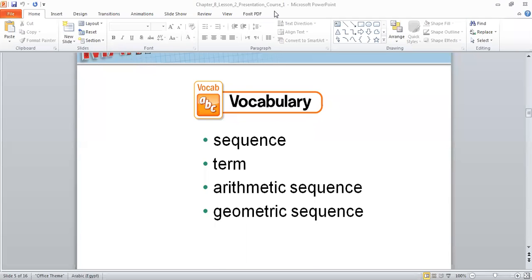Speak up, please. I need another one. Muhammad Al-Anazi, I need you to read the new vocabulary of this lesson. Sequence firstly. The word is sequence. Next.